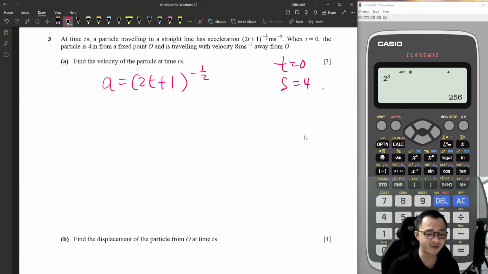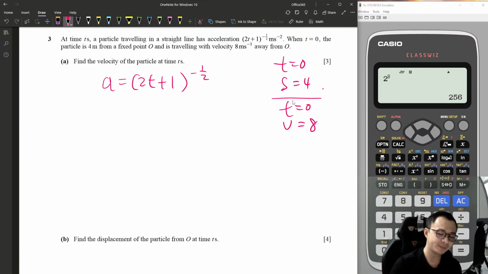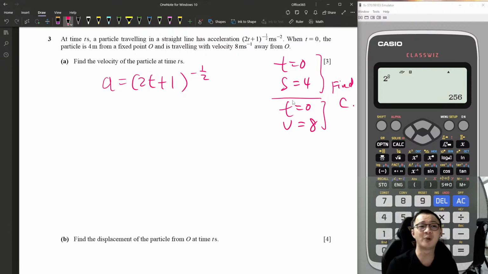And it's traveling with velocity a away from O. So I say all this information to help us find c or find d. Find the velocity of the particle at time t.